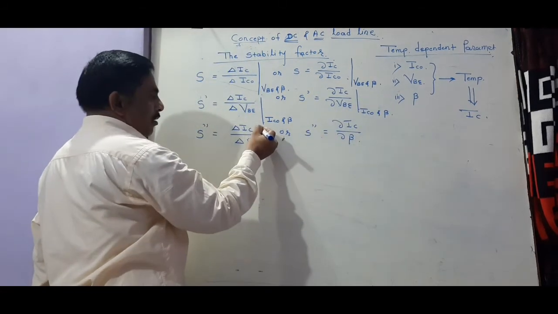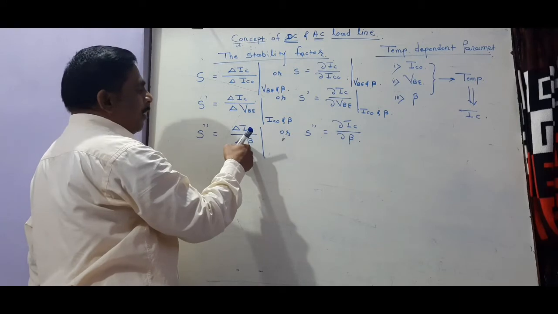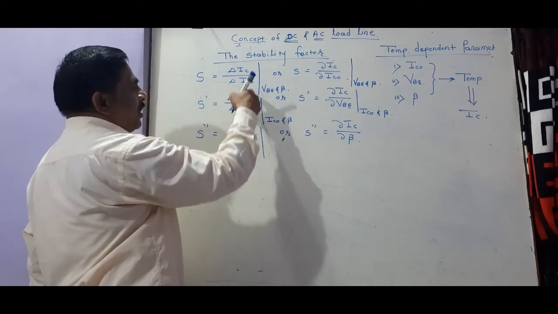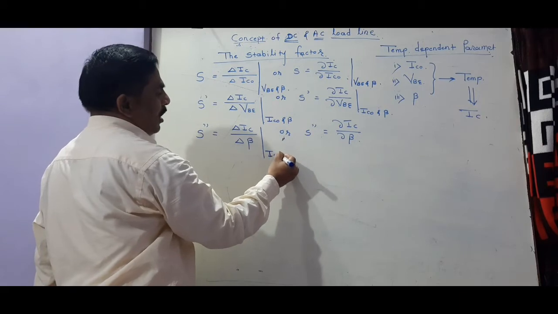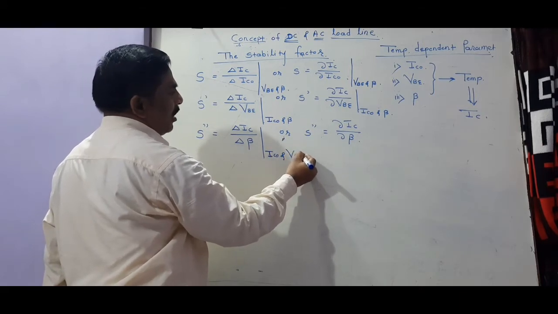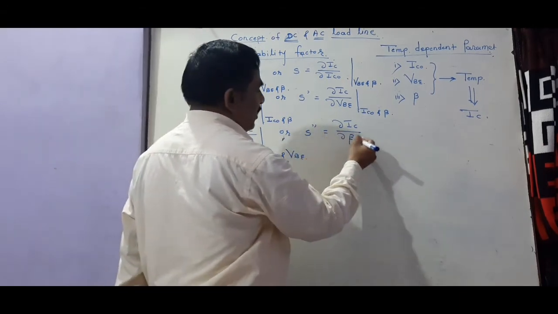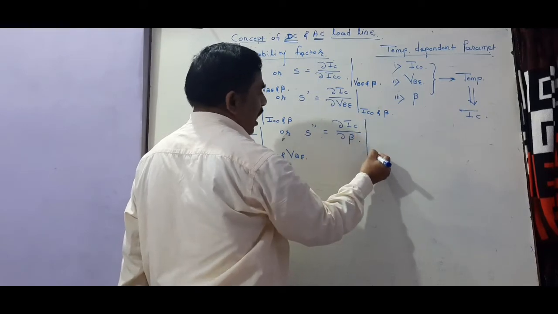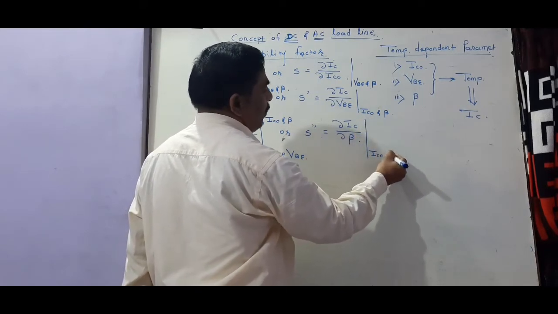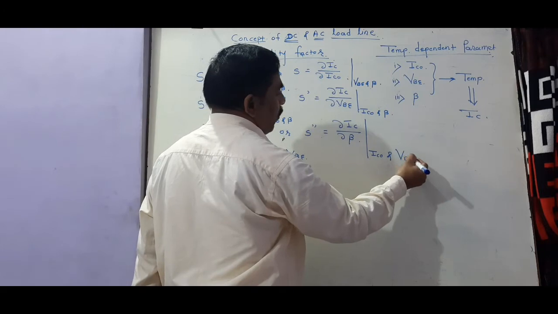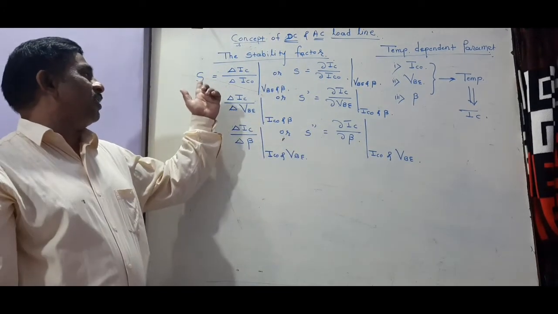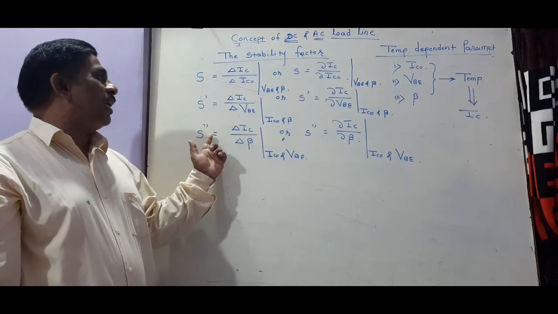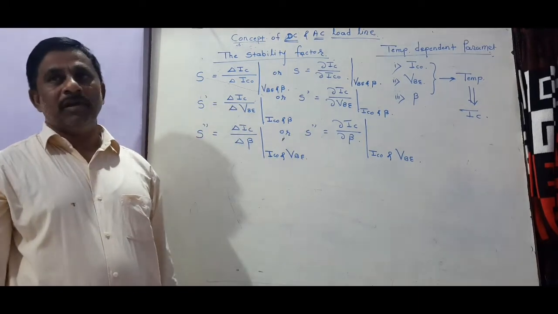Similarly, while varying the third factor beta, keep IC0 and VBE constant. Therefore the perfect definitions of stability factors S, S dash and S double dash are given by these formulas.